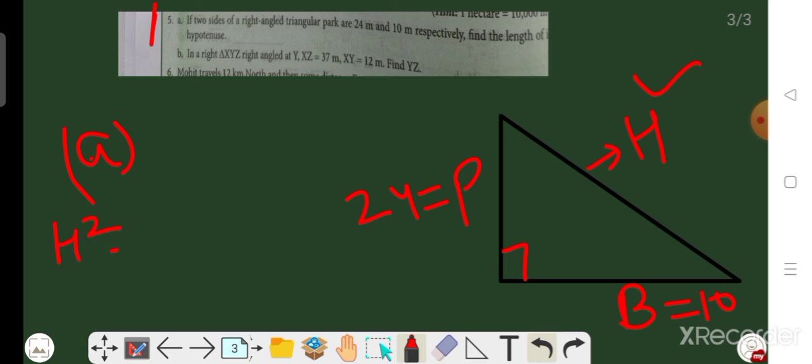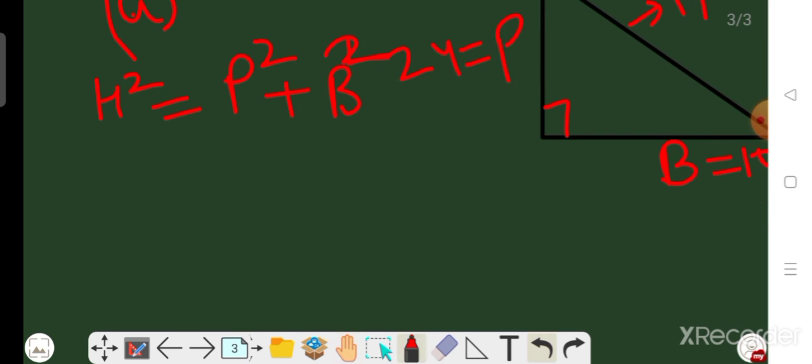By Pythagoras theorem, hypotenuse square is equal to perpendicular square plus base square. So we can write: p square is equal to 24 square plus b square is equal to 10 square.